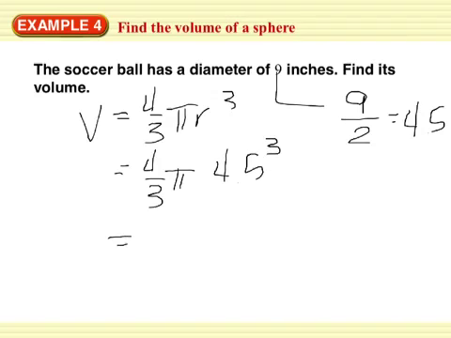So we can find our volume. 4/3 pi r cubed. I got 381.7 inches cubed.